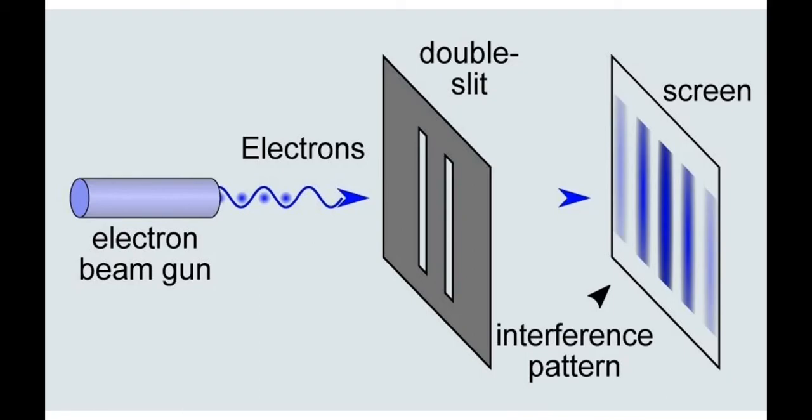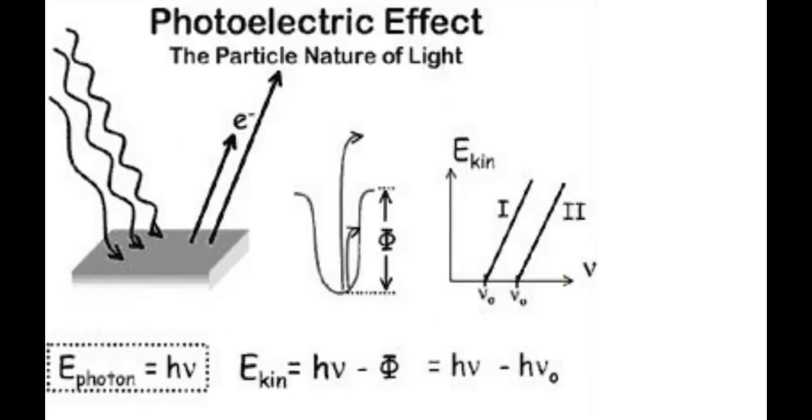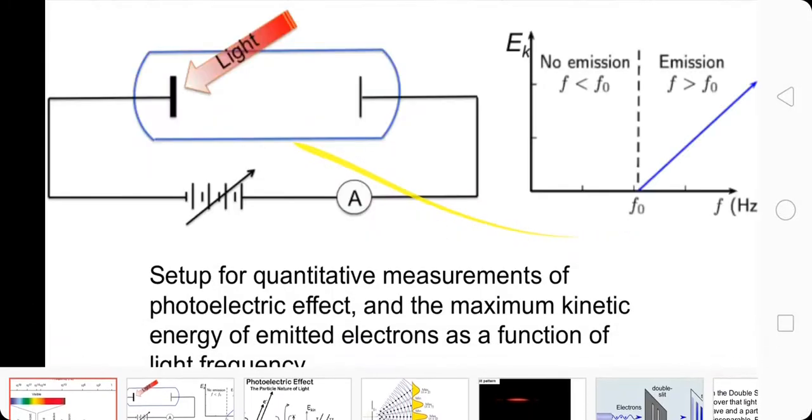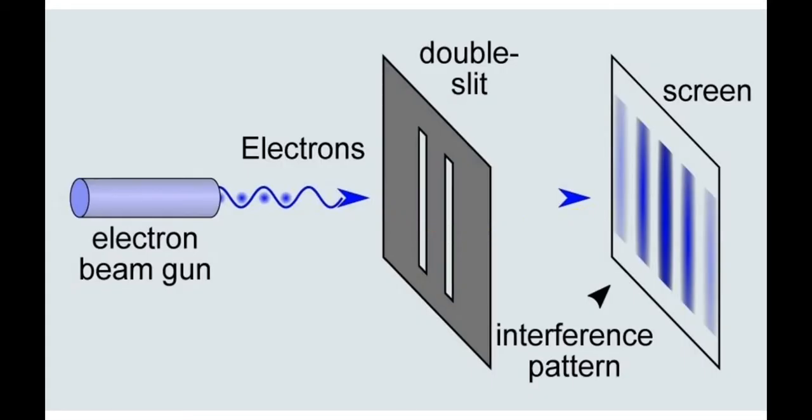So this experiment shows that electrons can be waves, which is quite strange. Electrons can be waves the same way as light. Light is a wave and a photon, and an electron can be an elementary particle and also a wave. But it is a little bit strange how an electron can be a particle in one case and a wave in the other case.